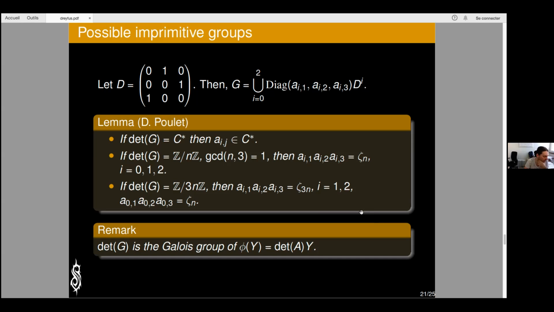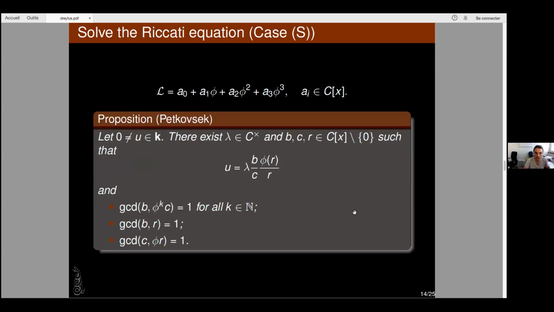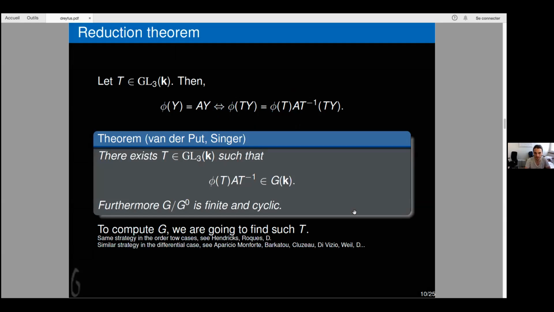If I'm not mistaken, this theorem does not exist in the difference case. So the real analogue is the Van der Put-Singer theorem. Thank you.